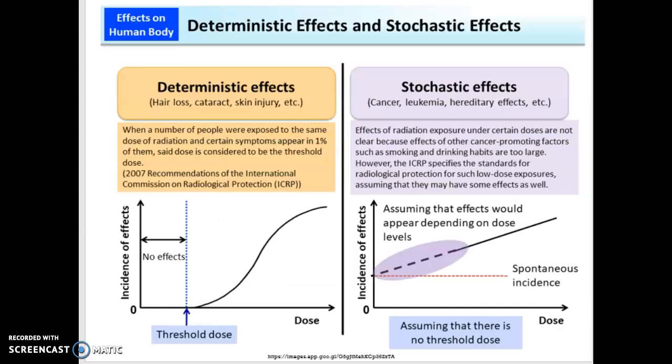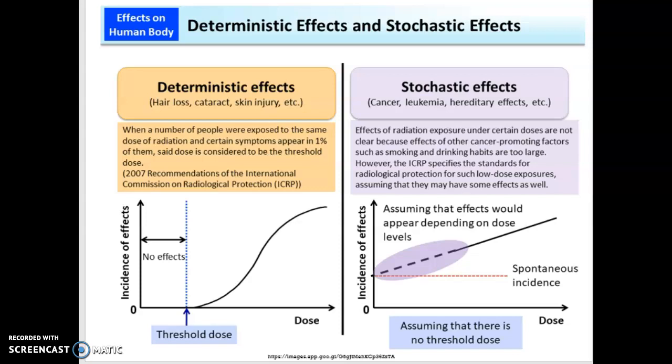With deterministic effects, a threshold can be reached. When you get to that threshold or that level, you know that a radiation-induced response will occur. Whereas with stochastic effects, there is no threshold. Any amount of radiation can cause a biological effect. There is only an assumption or a probability or a best guess that radiation-induced responses may occur when it comes to stochastic effects.